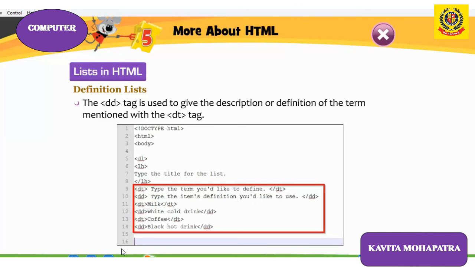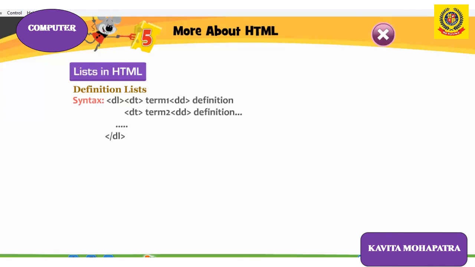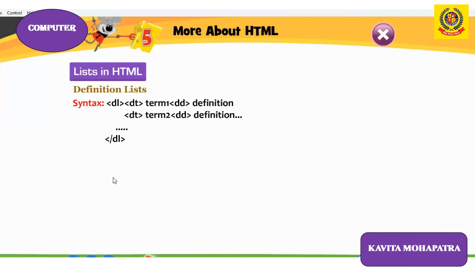You can see here, DT is the term you would like to define, DD is the definition. DT milk, DD white cold drink; DT coffee, DD black hot drink. In this way you can define with the DL tag. One example is given on page number 81.